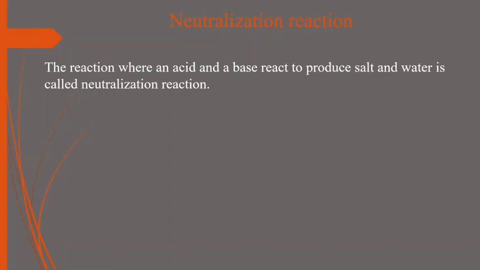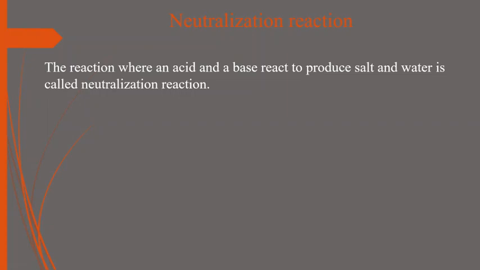Dear students, you already know what acid is. And do you know what a base is? Base is a metallic oxide or hydroxide. Metallic oxides or hydroxides are called bases.